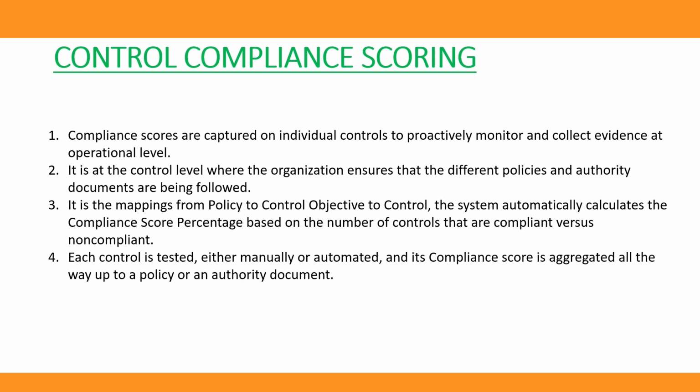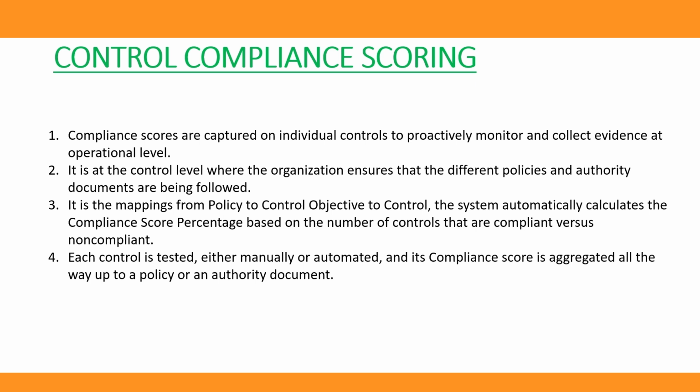So, today, in continuation to what we have learned in the previous videos around controls and the control lifecycle, we are going to cover a very important topic, which is control compliance scoring. As you know, the compliance scores are captured on individual controls so that they can proactively monitor and collect evidence at the operational level.